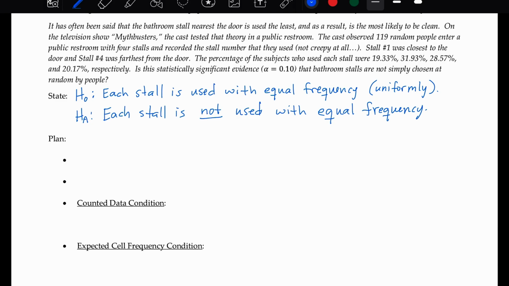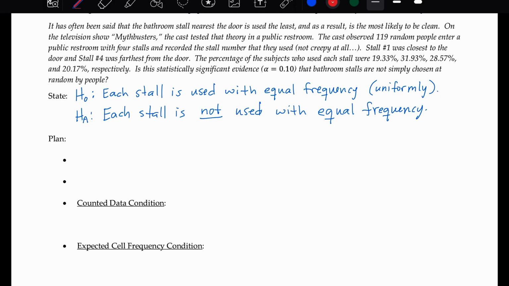The alternative, though, is that that's not true, so just that the stalls are not being used with equal frequency. Note that that's not saying any particular distribution, just that it isn't uniform. It's far enough away from uniform for us to doubt that it is in fact a uniform distribution of 25% usage across the board.